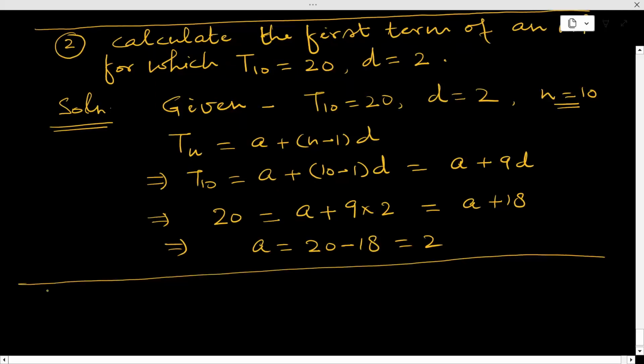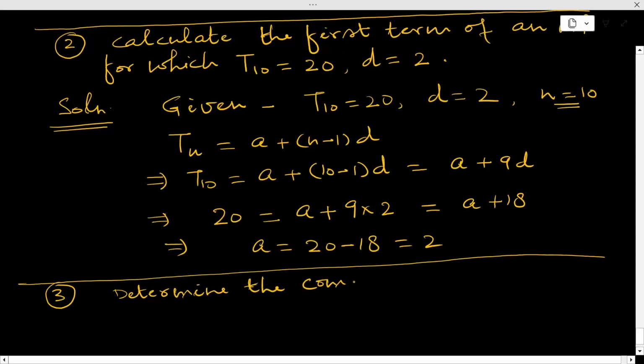And we also have a third type of problem here. So suppose we determine the common difference.